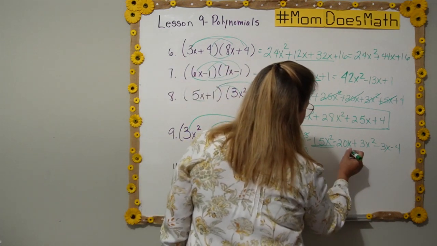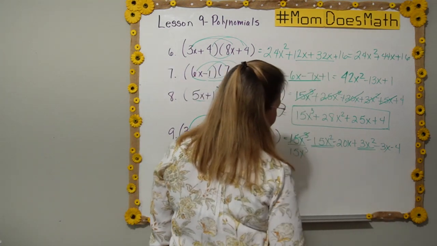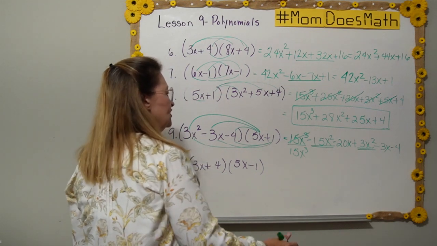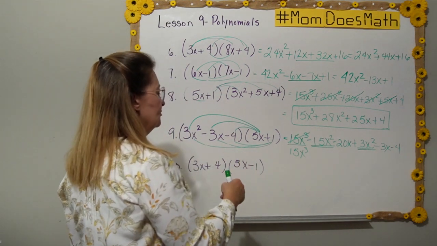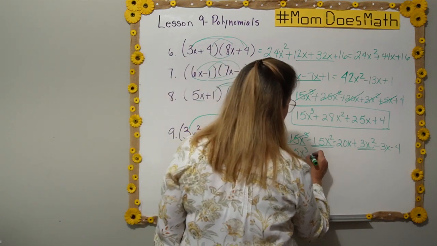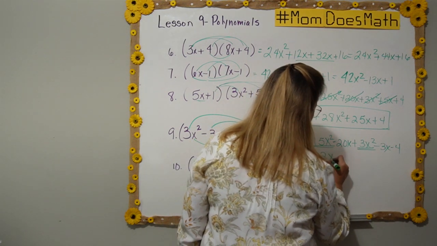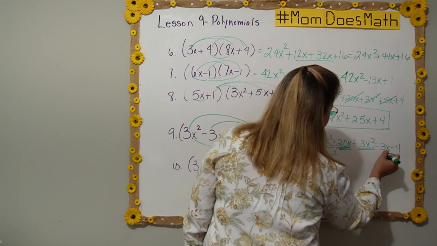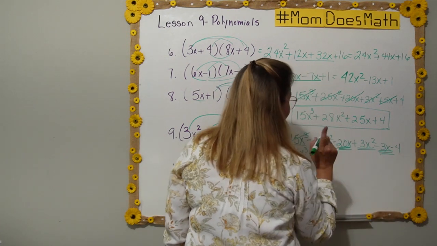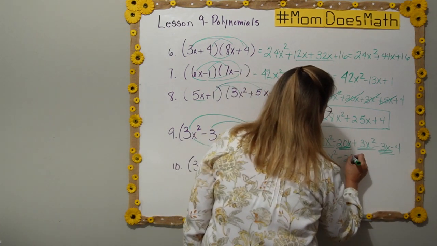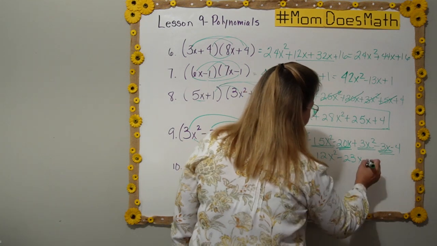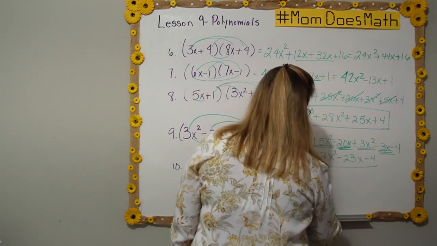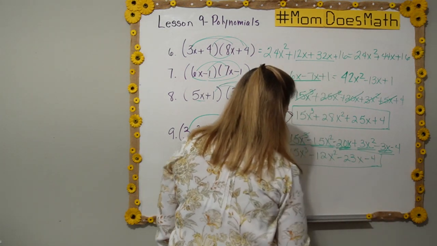Minus 15x and plus 3x squared is going to be, you've got different signs, so you're going to subtract and take the sign of the larger number. So that's going to be minus 12x to the second. All right, minus 20x and minus 3x, same signs, so you're going to add and keep the sign, and then you've got that minus 4, okay?